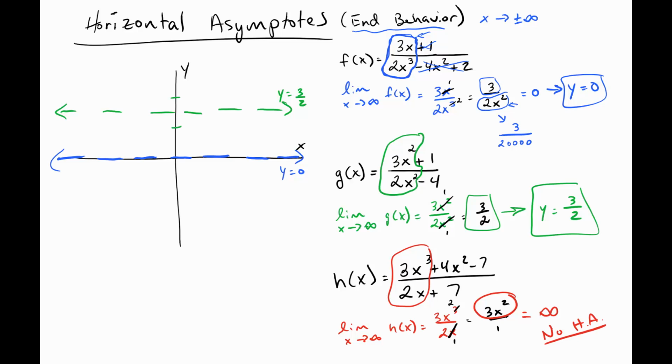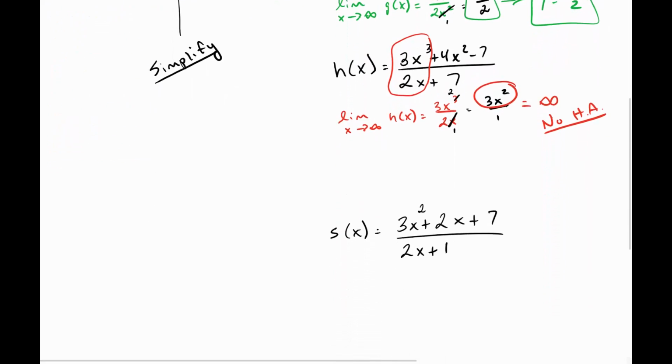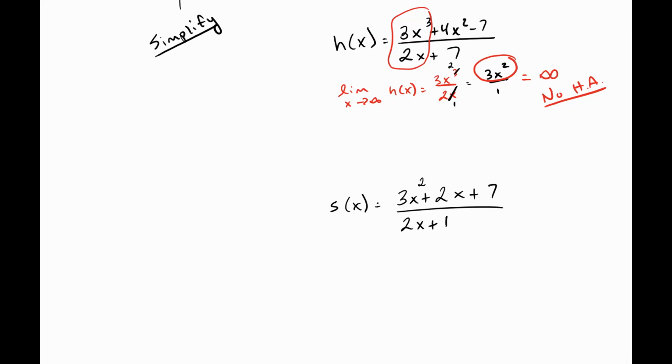So we have 3 basic cases. Now you can try to come up with a rule on your own, but you'll notice all I did was simplify those lead terms, and then look at what that line would even be. Now, there is actually one other example of a kind of horizontal type asymptote, and that is a slant asymptote.